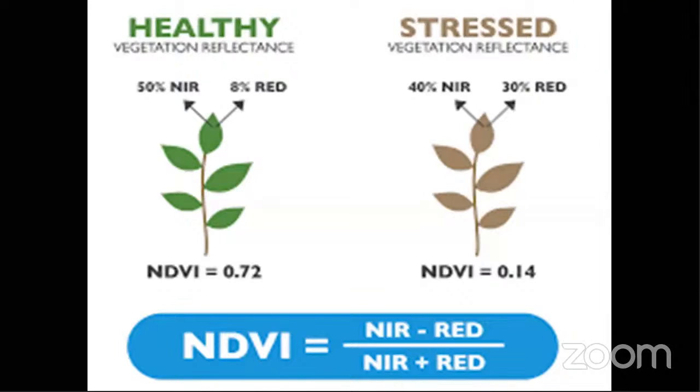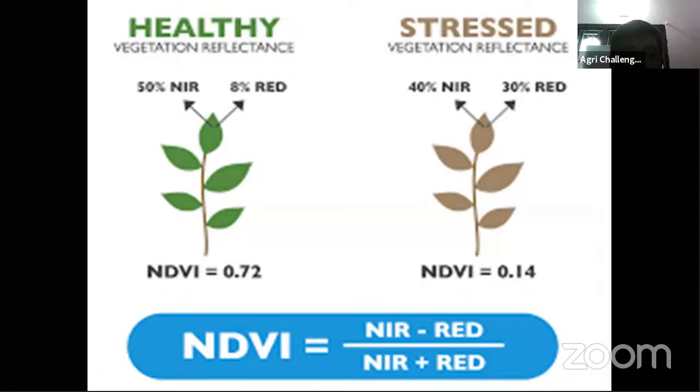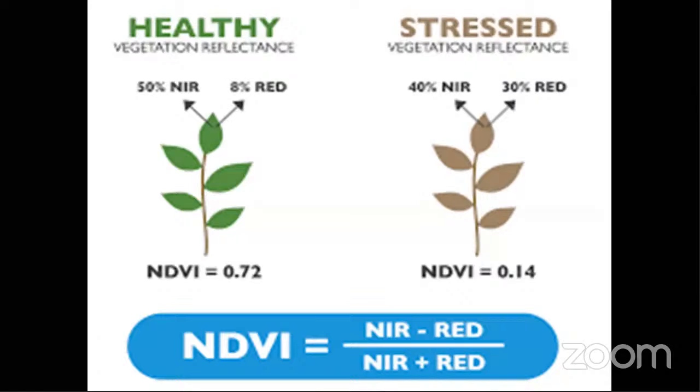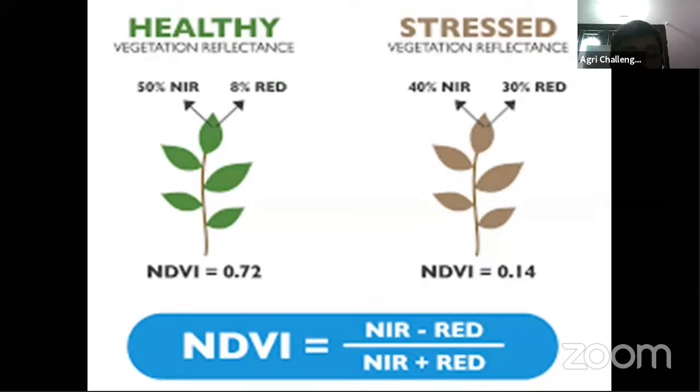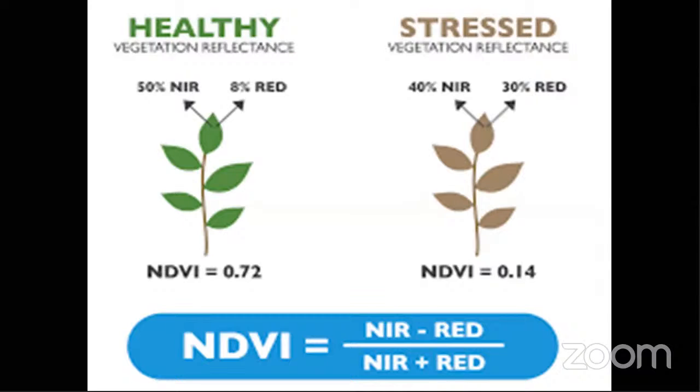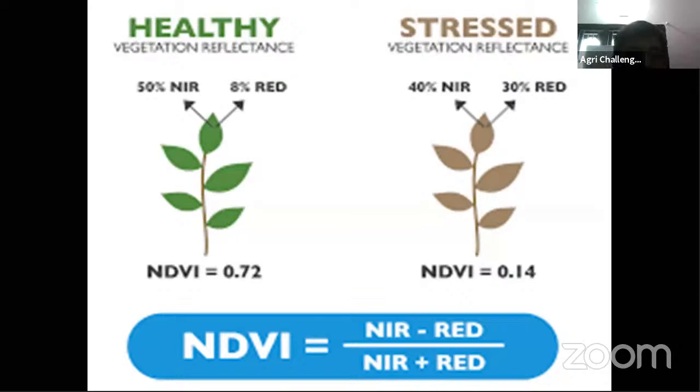And what about red? What is RGB? Red, green, blue. In remote sensing, we are using only this RGB. And what is NIR? Out of that, red is very effective.